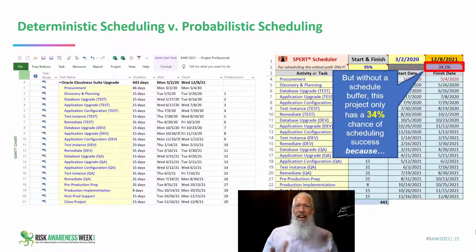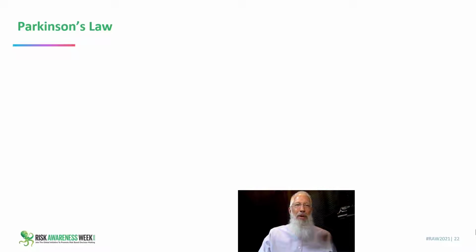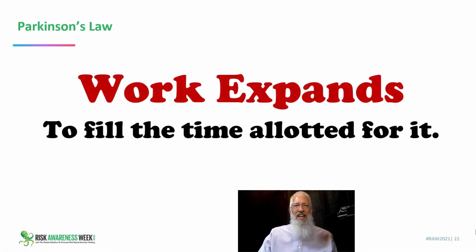Well, how could that be? Each activity is planned at the 95 percentile. We have to talk about Parkinson's law. Parkinson's law tells us that work expands to fill the time allotted for it. You've probably seen this. If you tell somebody you've got 40 hours to get this task accomplished, it's going to take them 40 hours or maybe a little bit more than 40 hours.